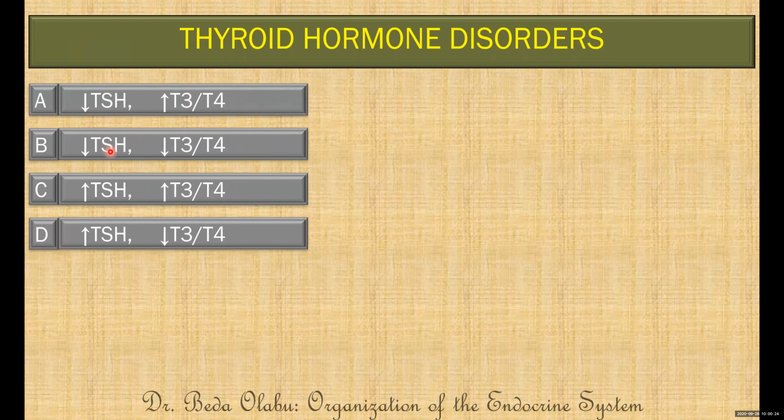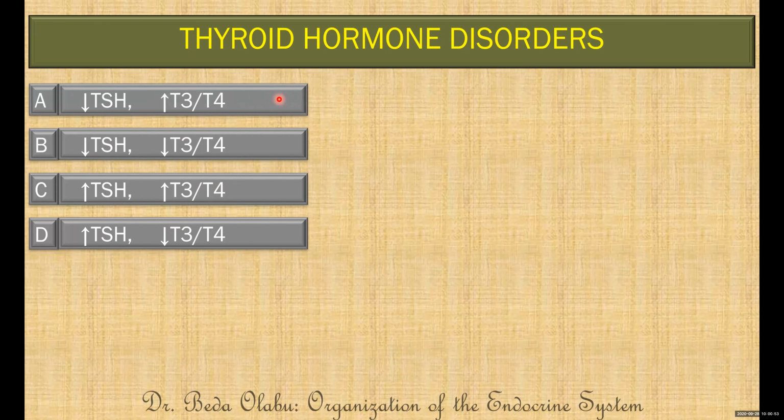I hope you understand that one easily, so I don't have to tell you this is low, low, high, high, then high, low. So my question to you people, let's focus on patient A. The first thing you need to determine is whether this is hyperthyroidism or hypothyroidism.